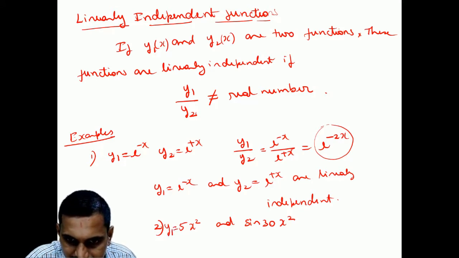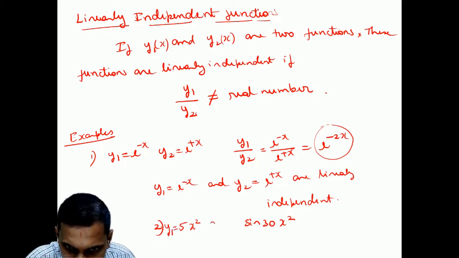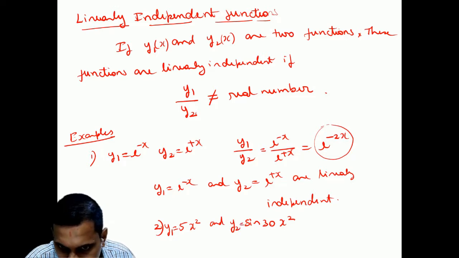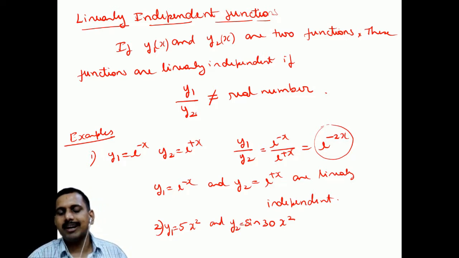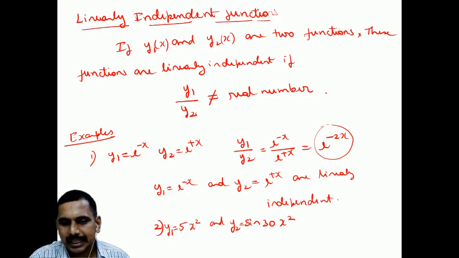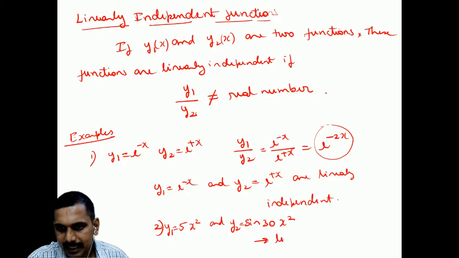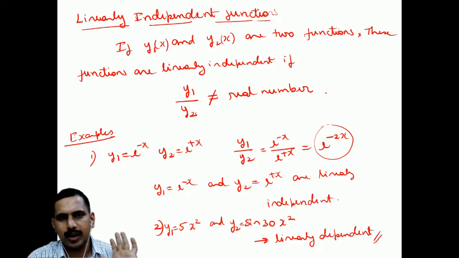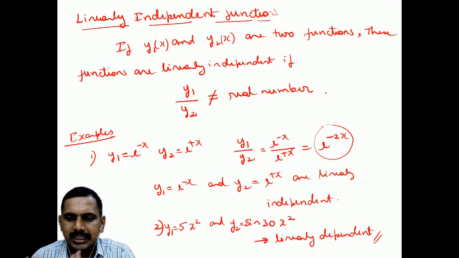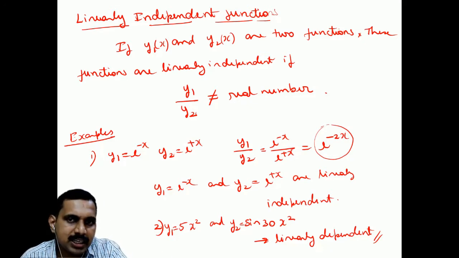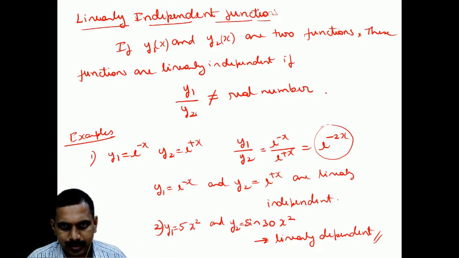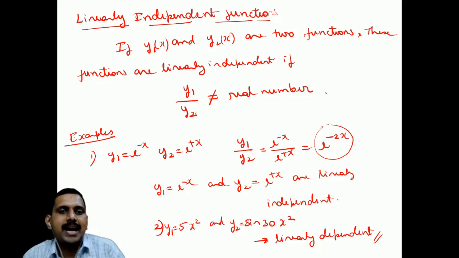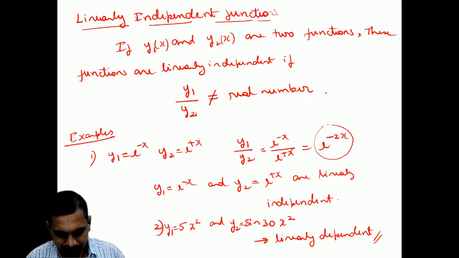They are linearly dependent, not independent, correct? Because sine 30 is a number. So you divide one by the other, you get a number. Since you get a number, it is linearly dependent. So these are the things we have to understand, what is meant by linear dependence and linear independence. Another thing we have seen is linear combination of two functions and linearly independent functions.